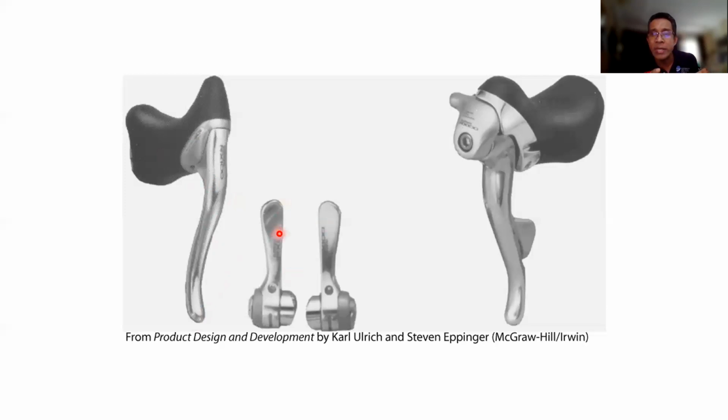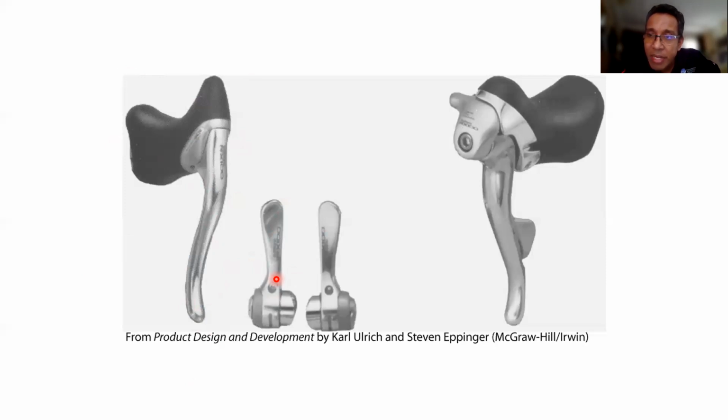So when we design, we design part by part, only for brake, for shifting. So we need to see individually. So we call it modular, modular part by part.